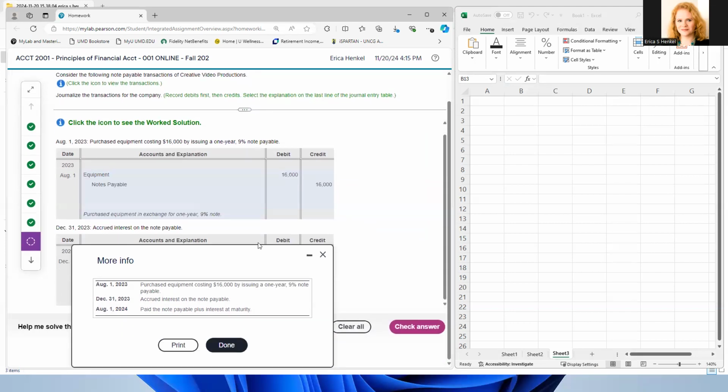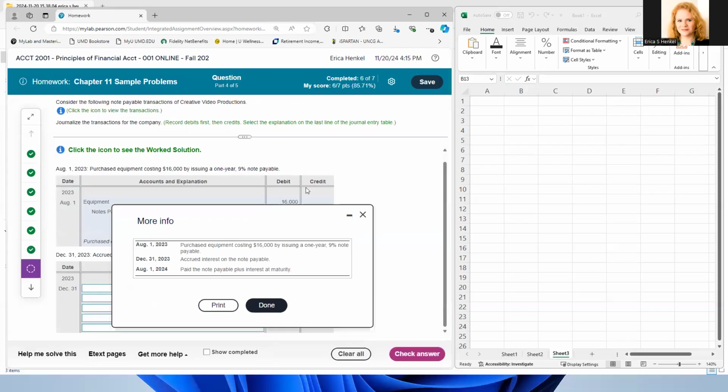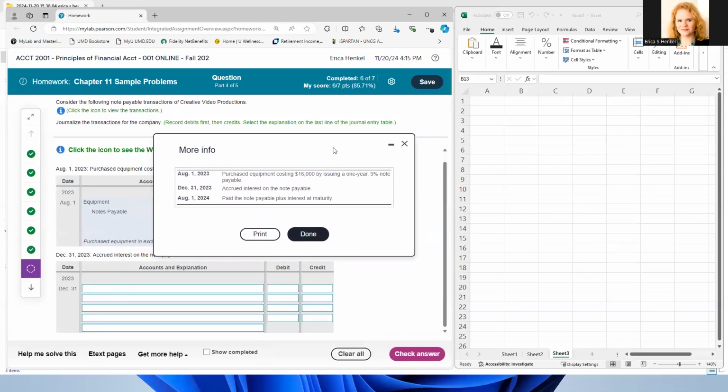All right, now the next entry we need to do is to accrue interest, right? So we purchased this on August 1st. That means we're going to have August, September, October, November, and December that we have to record interest for, right? So 5 months, 1, 2, 3, 4, 5.